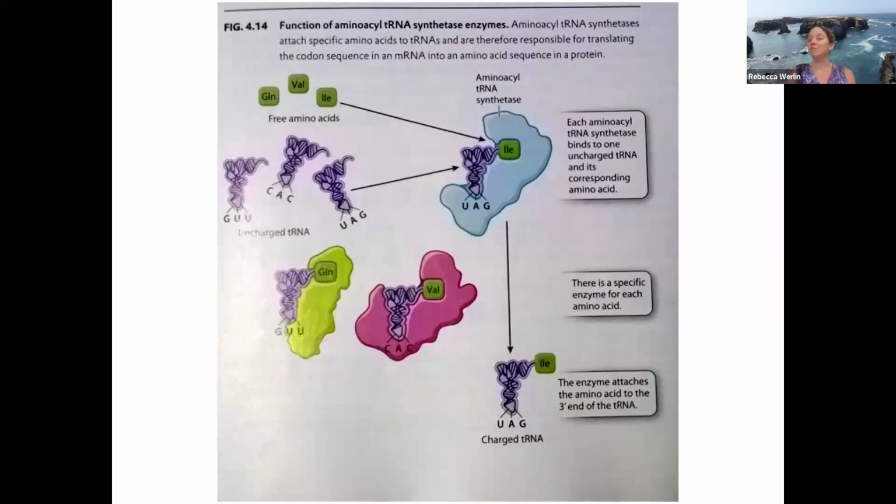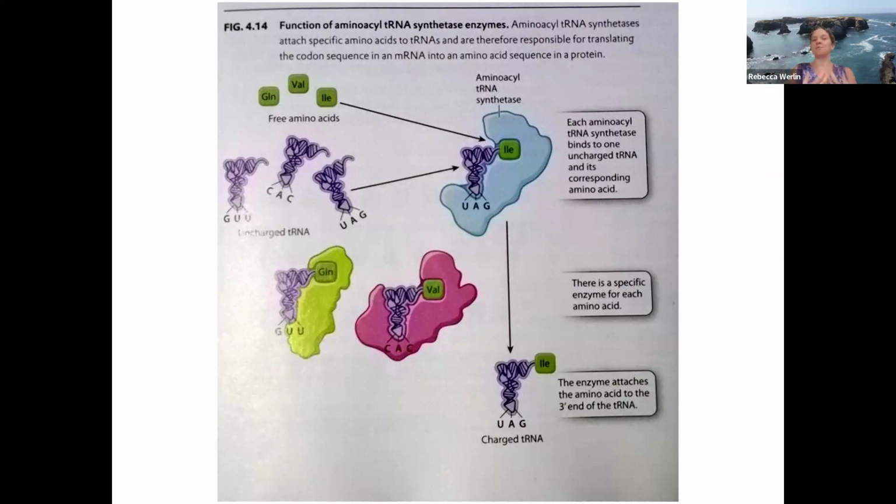So here we have isoleucine's specific enzyme shown in light blue, and isoleucine has been primed and is now being added on to the isoleucine specific transfer RNAs. And you can see the isoleucine UAG specific anticodon of the transfer RNA nestling into that specific region on the enzyme. And that enzyme says, oh, you are the right transfer RNA. I will add isoleucine onto you.